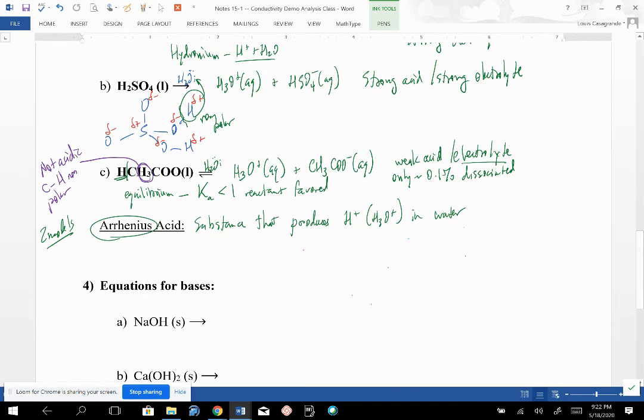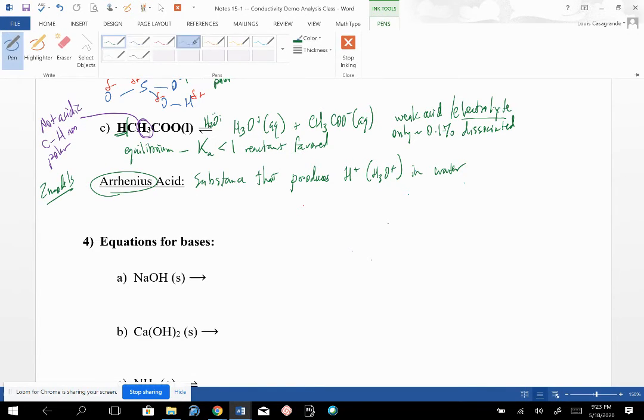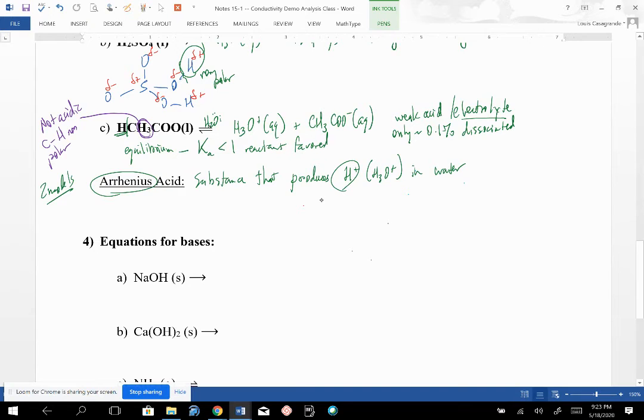All right, so anytime you have H plus or H3O plus in water from the substance, that's an Arrhenius acid. And that H3O plus is what gives us pH. And we'll talk about that next week.